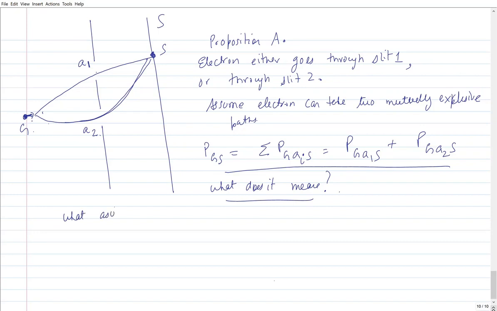So where are we going wrong, or what assumption is to be questioned? Well, the assumption over here is that AI has a definite value.